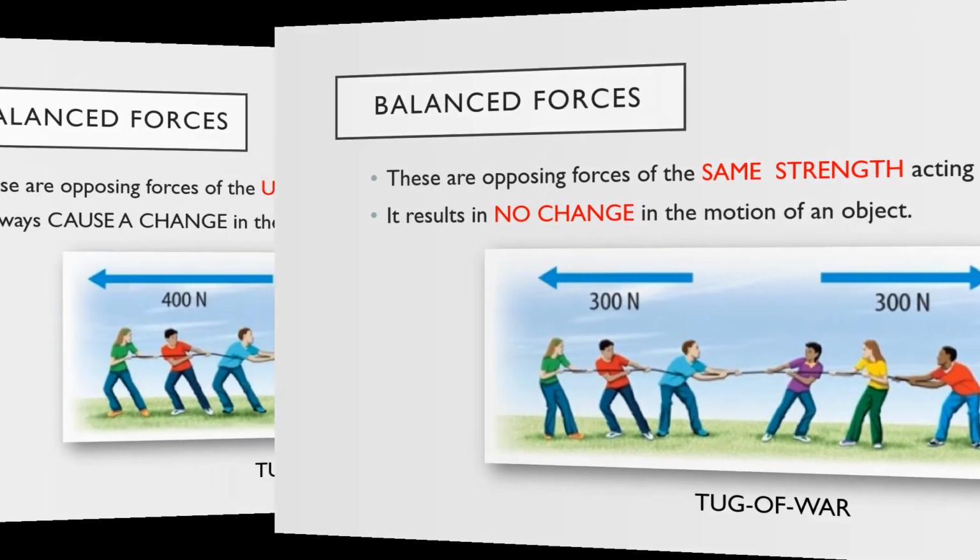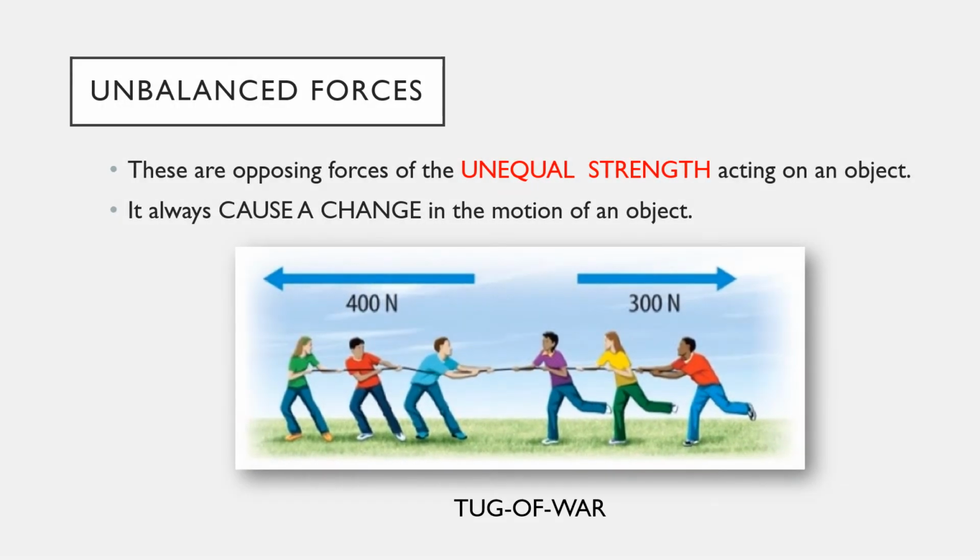Next, there are balanced forces. There are also unbalanced forces. Unbalanced forces are opposing forces of unequal strength acting on an object. It always causes a change in the motion of an object. Think about a game of tug of war. If there is an unequal pull, then there are unbalanced forces and one side will fall forward.